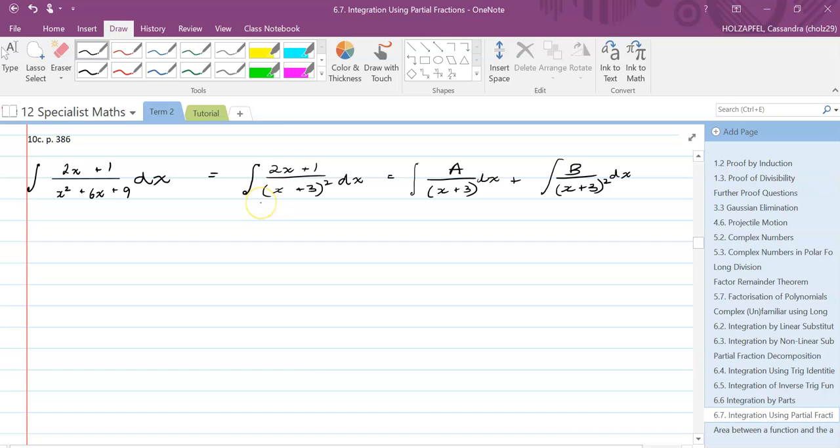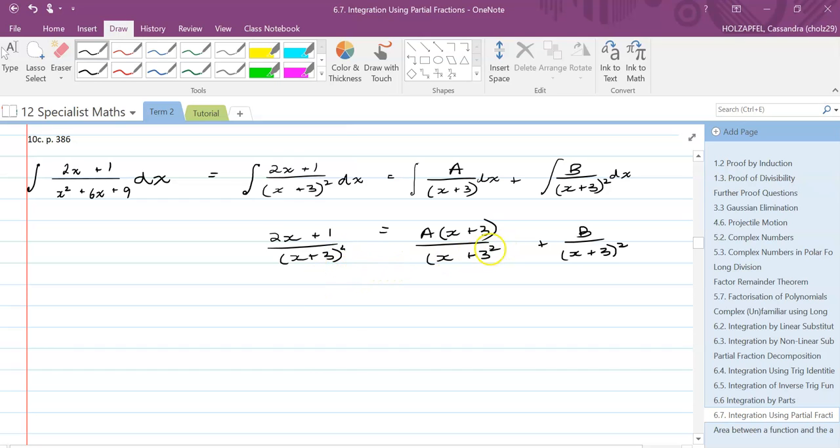Okay, so 2x plus 1 over x plus 3 squared is going to turn into the partial fractions a over x plus 3 plus b over x plus 3 squared. So again, I'm just going to cross multiply one of these. So I get a(x plus 3) over x plus 3 squared plus b over x plus 3 squared. And that's going to be equal to 2x plus 1 over x plus 3 squared.